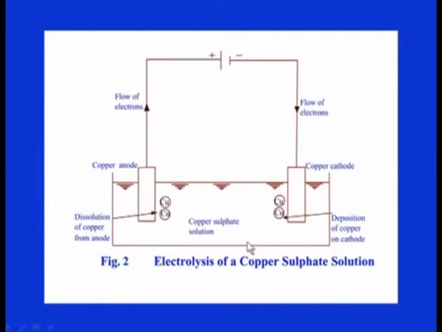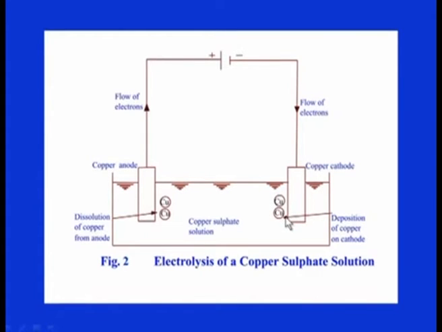So, this is the copper sulphate solution, which is a conductive liquid and the current can pass through this, and these are the two electrodes partially submerged or dipped into this solution and are connected to the electrical energy source, which is a DC source, and the positive terminal will be connected to the workpiece from which the material will go into the solution, whereas the other one, the negative terminal, will be connected to the plate or the electrode in which material will get deposited.